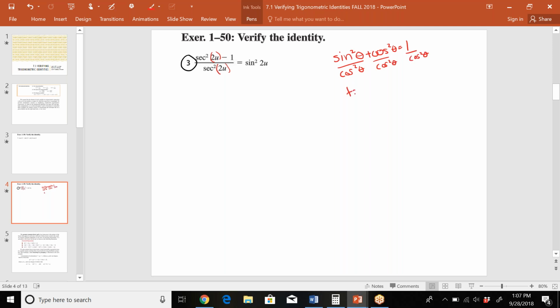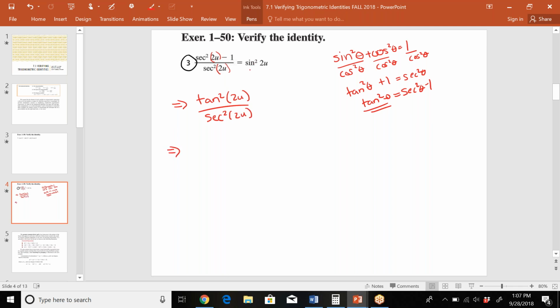So this is tangent squared theta plus 1 equals secant squared theta. If we subtract over the 1, that clearly shows us that secant squared of an angle minus 1 is the same thing as tangent squared. So our first step would be to replace that top part of that fraction with tangent squared of our angle, which is 2u. And then we have that over secant squared of 2u.